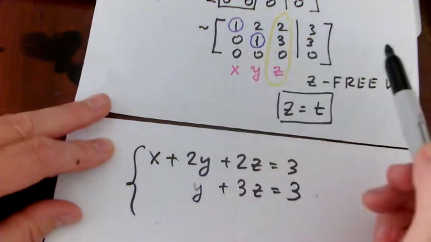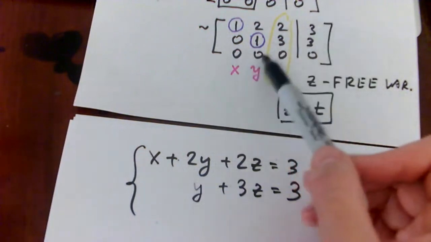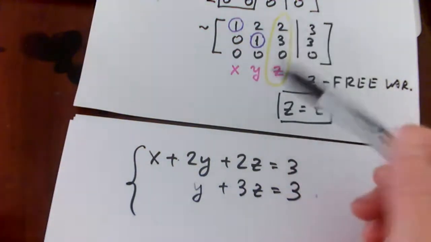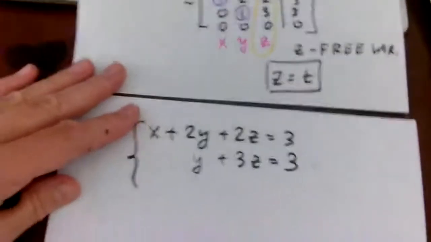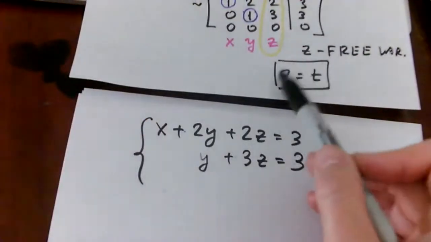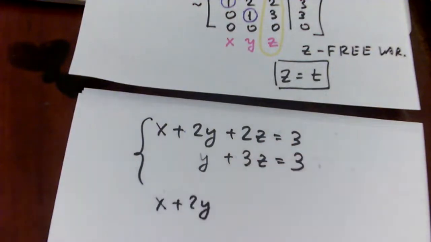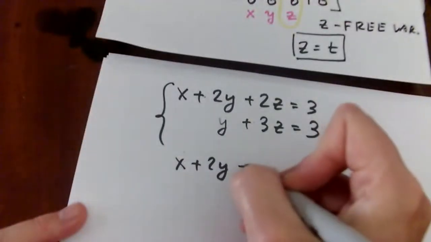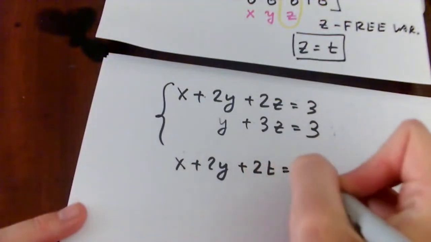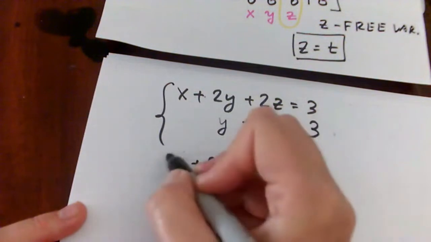And the third equation just disappeared. It was redundant. It means that it was linearly dependent with others. But it doesn't matter. So what next in our algorithm? Now we just denoted z by t, so we can use this in our system. Let's substitute z with t. Plus 2t is equal to 3, y plus 3t is equal to 3.